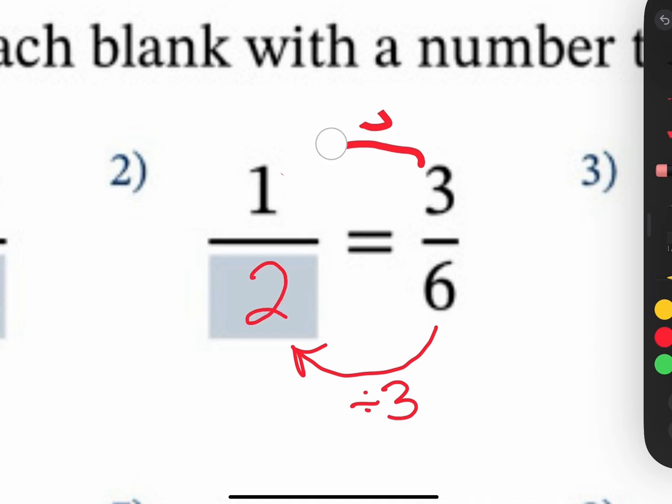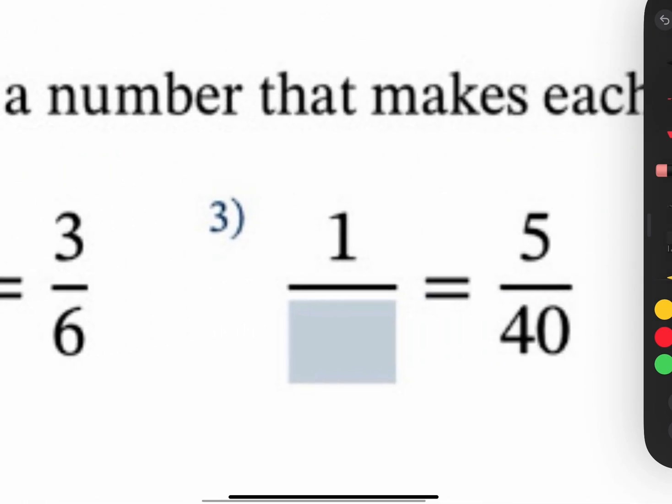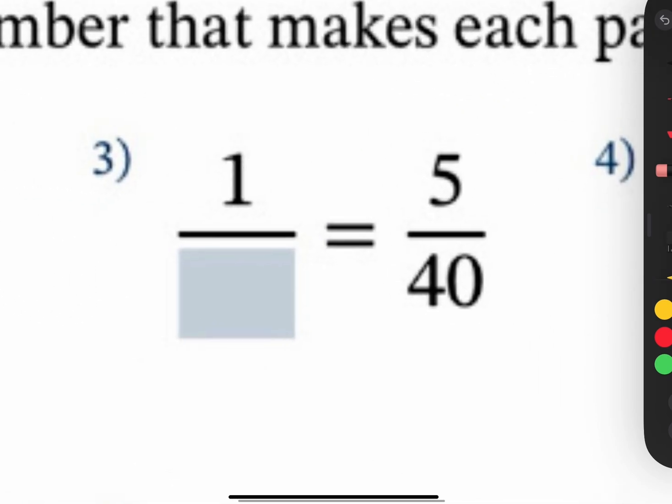And if I was to erase all that, 1/2 is equal to 3/6. Let's do the next one together. Again, my denominator is the one missing from the first fraction. So I'm going to draw an arrow pointing from 5 going to 1.